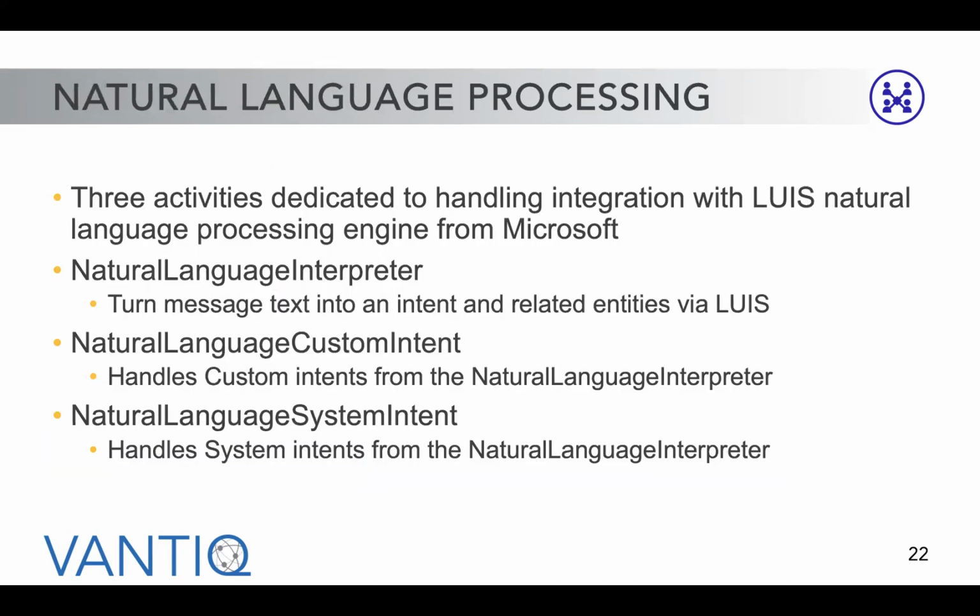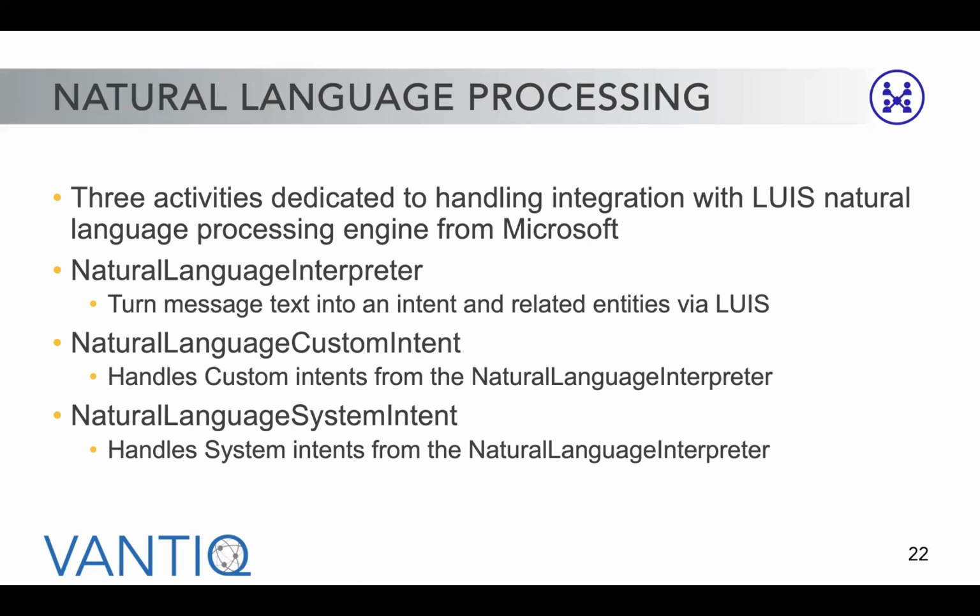Natural language processing, so using Lewis from Microsoft or some other natural language interpreter, you can send messages or some text and have a system like Lewis interpret that message and get back to you with the intents. So, for example, you can send a whole message to Lewis saying, I want to buy a ticket from Rio to Seoul.